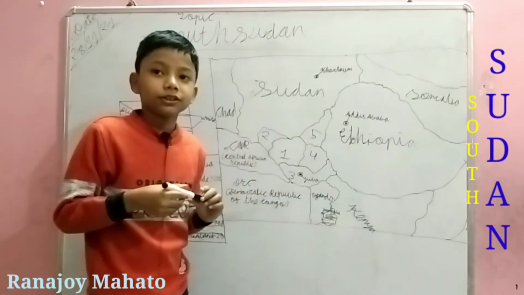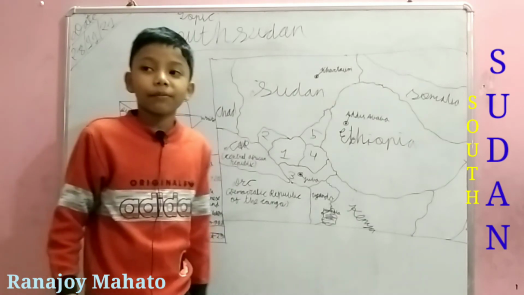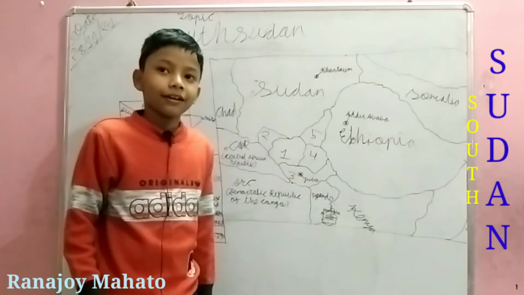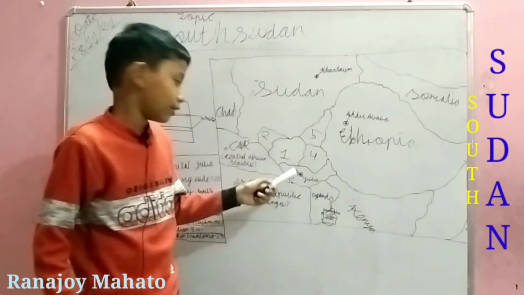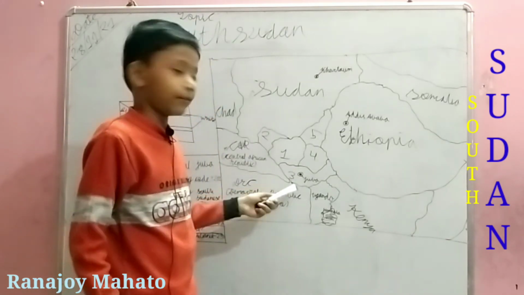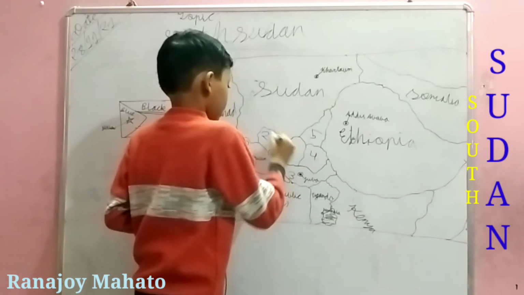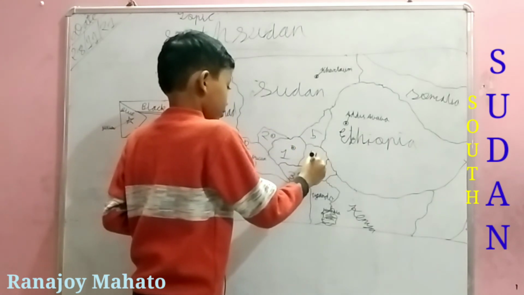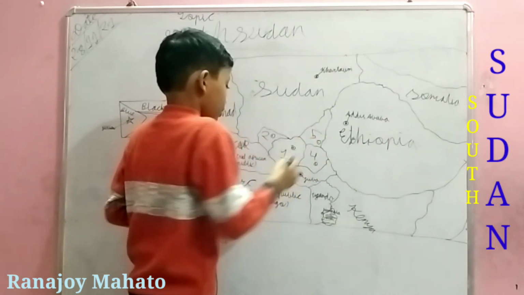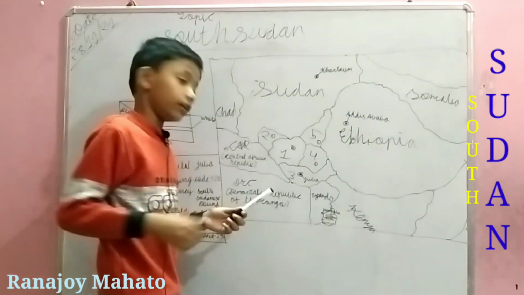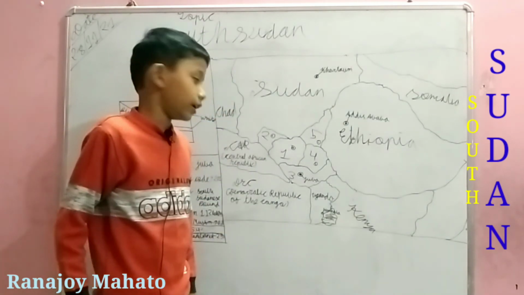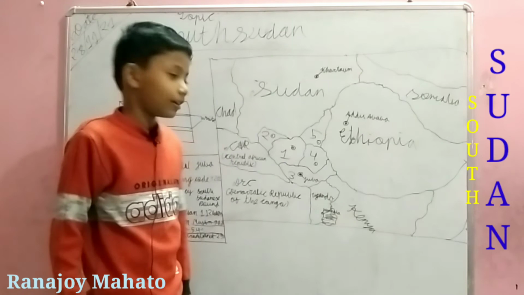Now, can you guess which one of these states has the capital of South Sudan? Well, you can already see it. It's 3 because it's right here. And the other states will get new capitals, and state 3 will keep the name Juba for the capital.